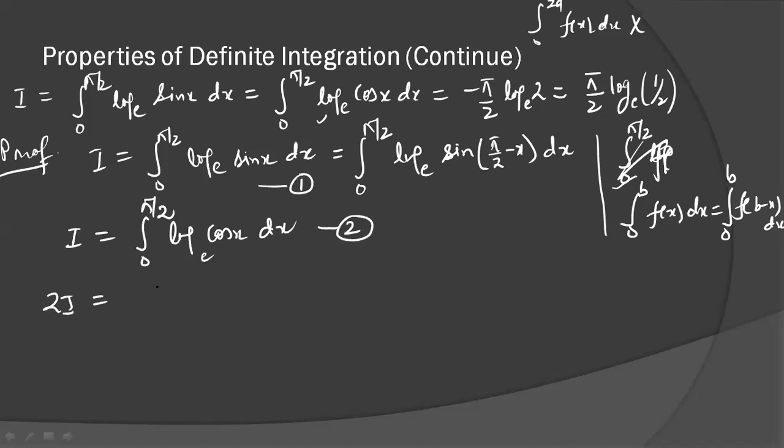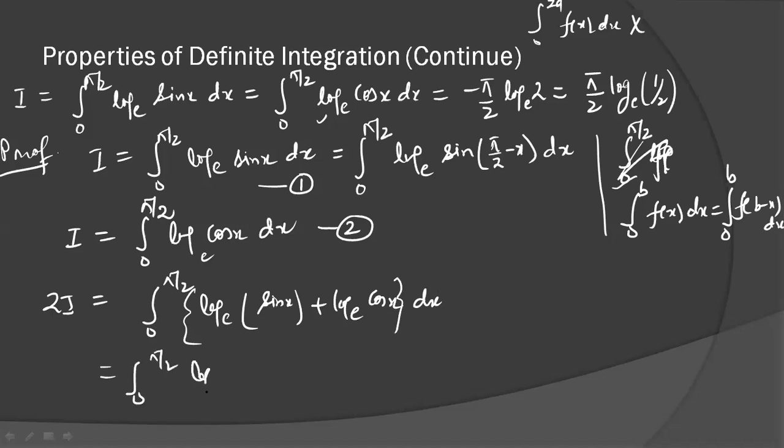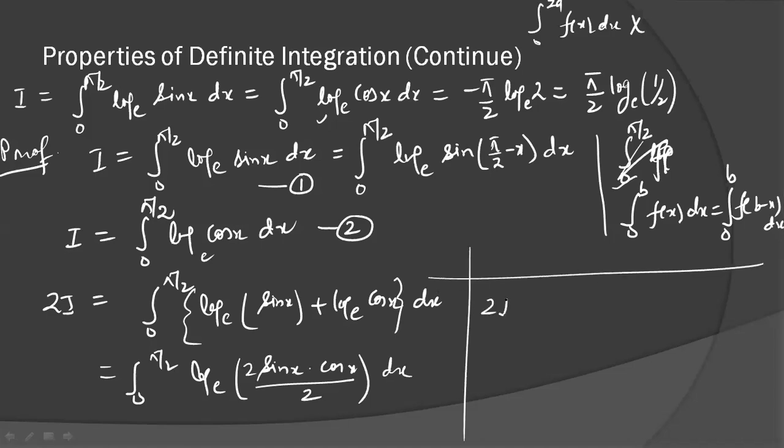If you add both, you will get 2I equal to the integration from 0 to pi by 2 of log sin x plus log cos x, so log of sin x into cos x. If we multiply by 2 and divide by 2, it will look like 2I equal to the integration from 0 to pi by 2 of log sin 2x dx minus the integration from 0 to pi by 2 of log 2 dx, since log of m over n is log m minus log n.